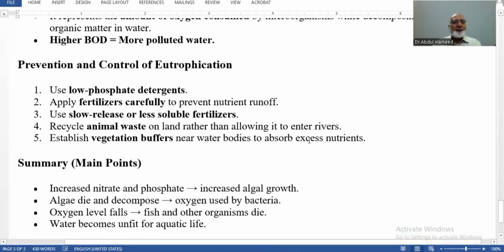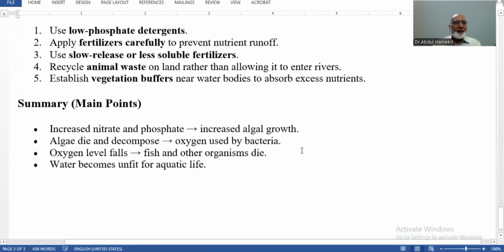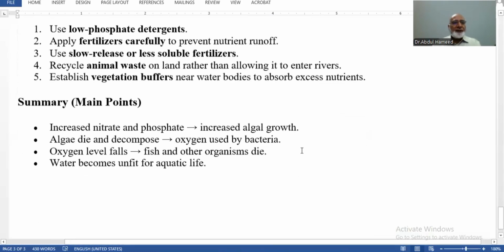There will also be establishment of vegetation buffers near water bodies to absorb excess nutrients. For example, if we have trees and other vegetation, the runoff water will be lesser and there will be lesser availability of nitrates and phosphates in the nearby rivers and lakes. So what is the summary?